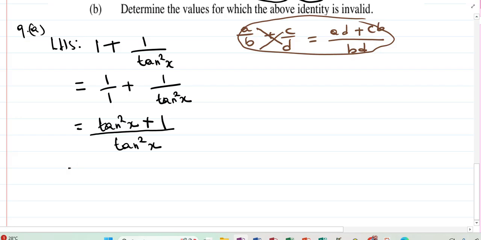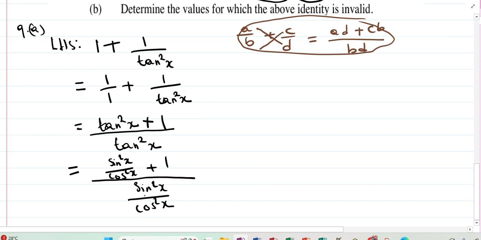So how do I do that? I know that the tangent squared of x can be written as sine squared of x over cosine squared of x.